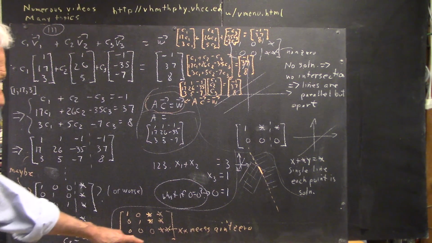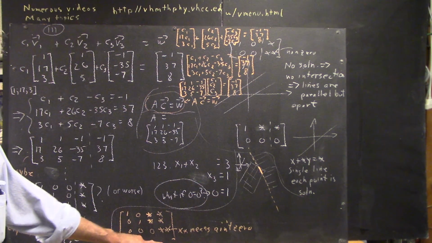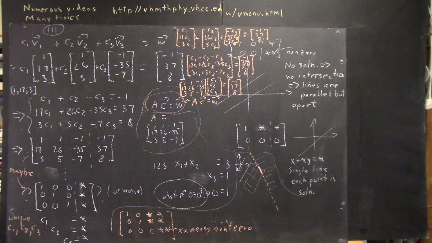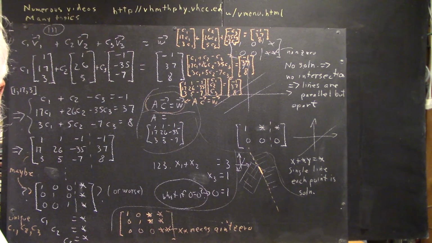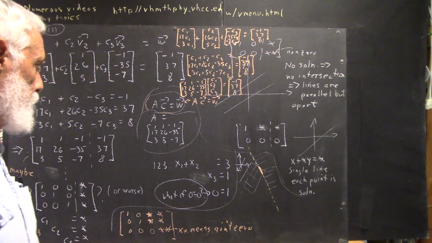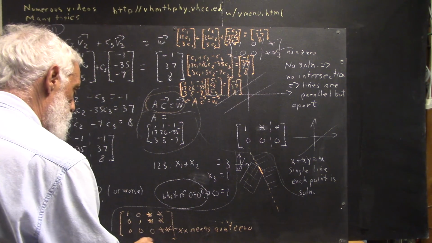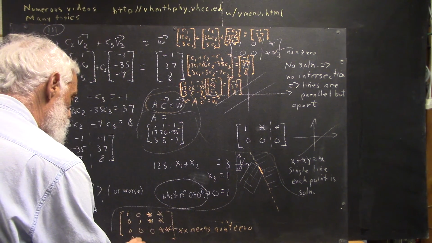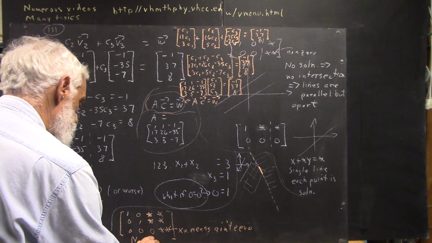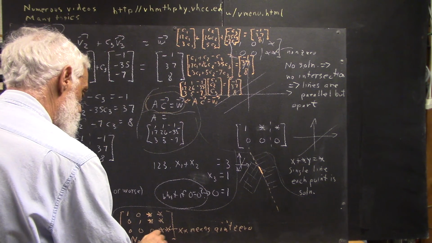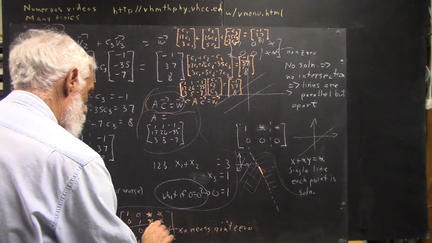So what does this give us? This gives us 0 equals something that ain't 0. Okay, well, that isn't supposed to happen. So this can't be. So no way.